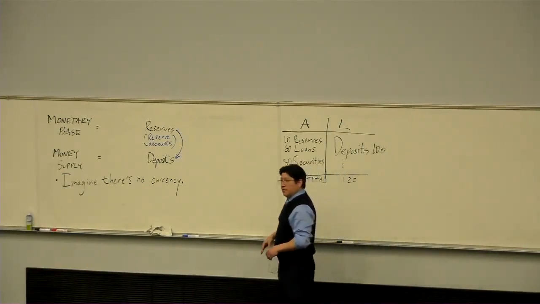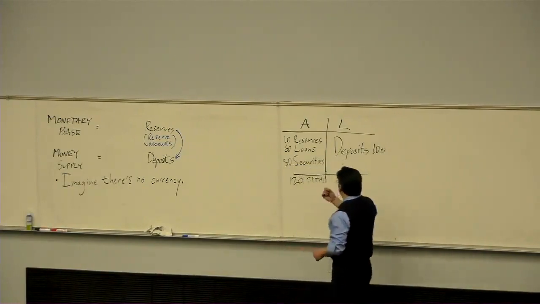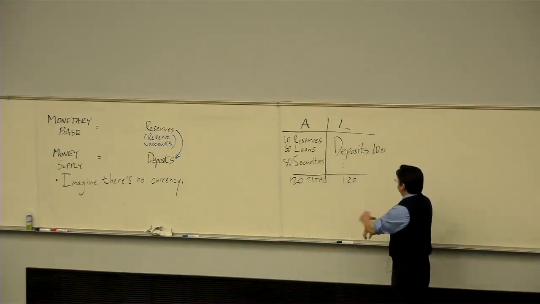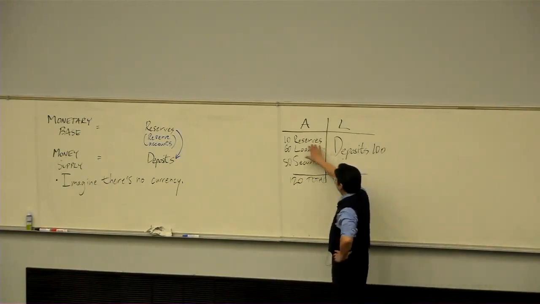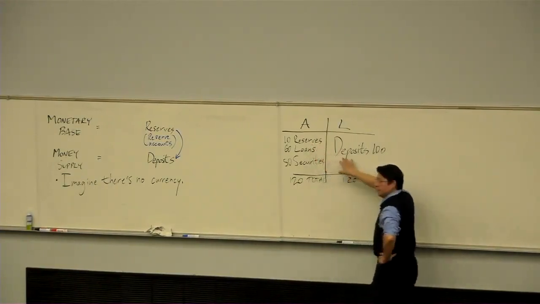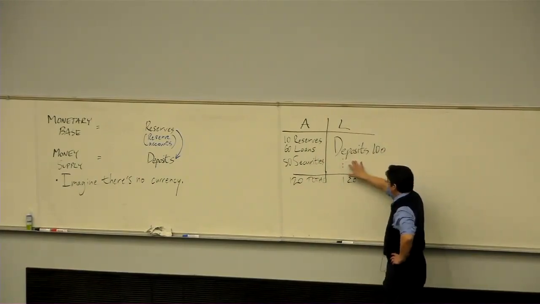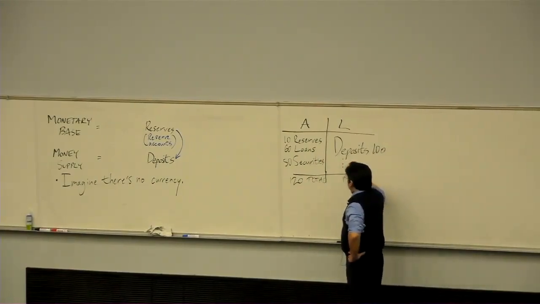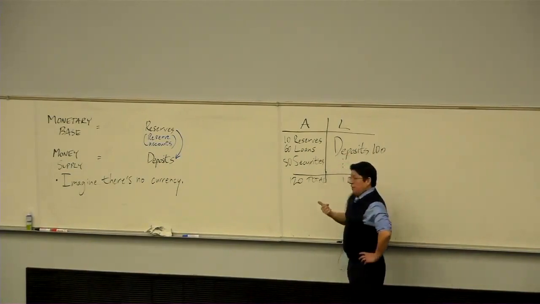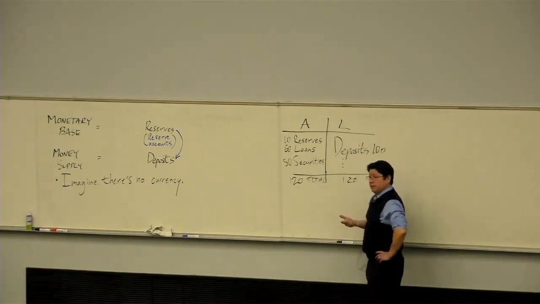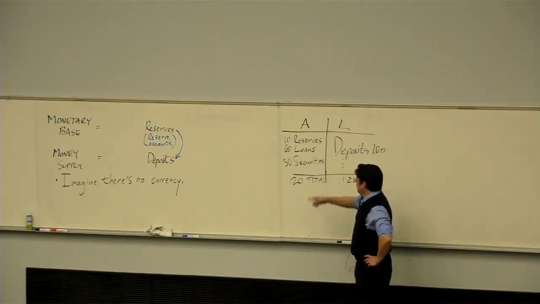And there is one thing about every single bank balance sheet that is always true here, and that is that the reserves are much less than the deposits. Why is that? It's the case because, first of all, they're not required to hold 100% of their deposits as reserves. And second, they don't want to because they have more profitable things to do with those funds.